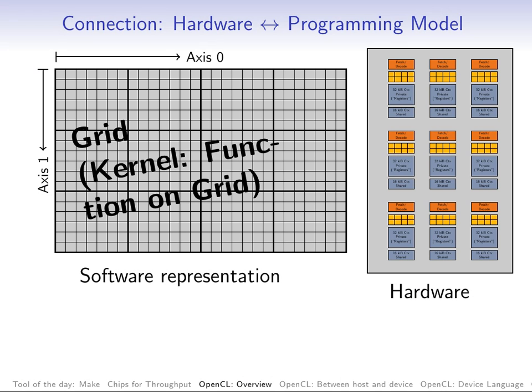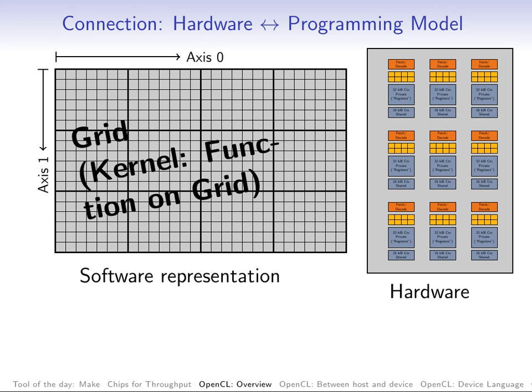If the number of threads that you want to launch can be described conveniently in some two-dimensional manner, then you can use that. You can just as well have a one-dimensional grid. So you say, I have this many parallel things in a one-dimensional grid, so to speak, and then let the device figure out how to deal with it.